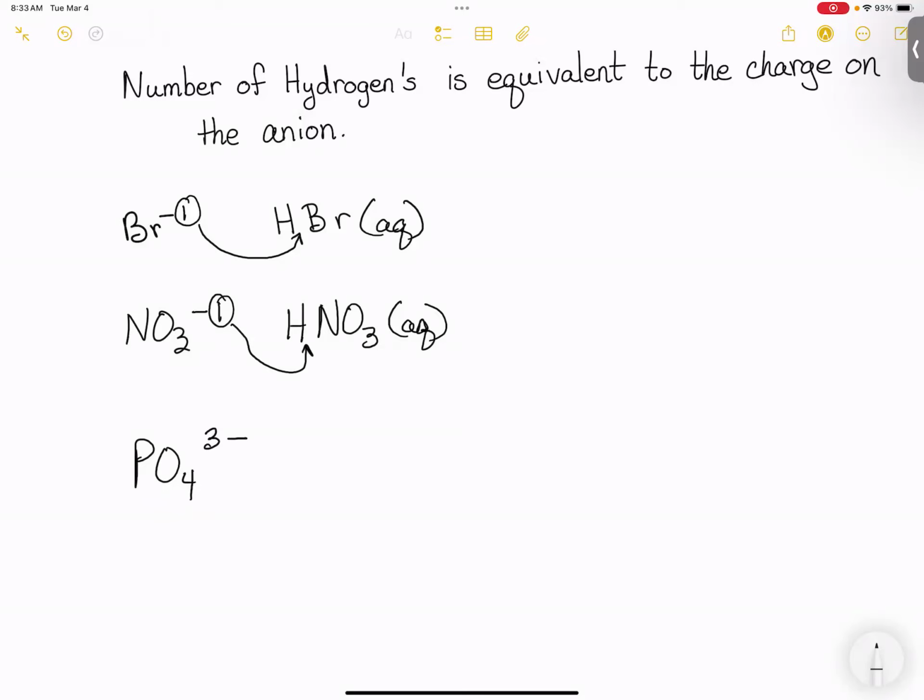So the number of hydrogens is going to be equivalent. If you don't know your anions, you're not going to know the number of hydrogens to put on the acid.